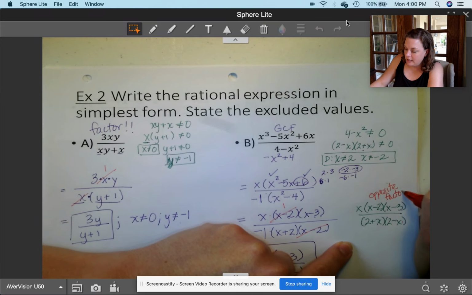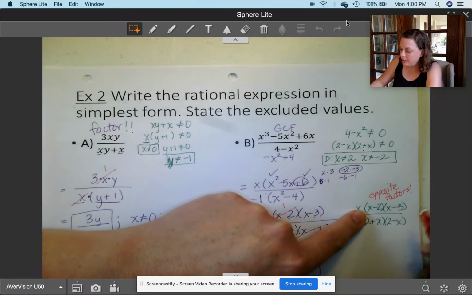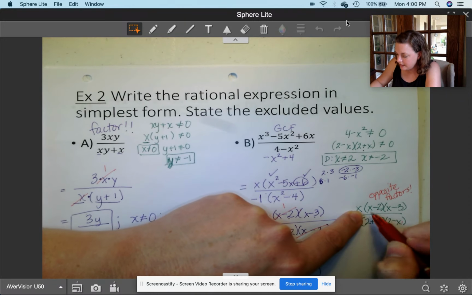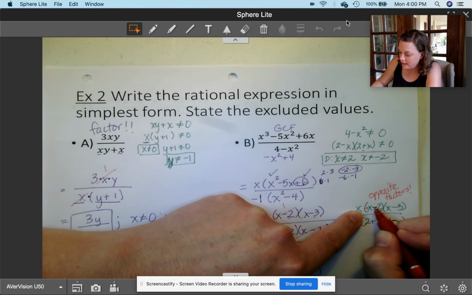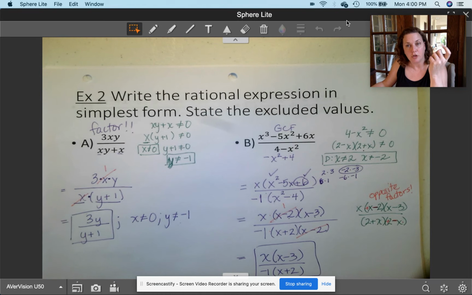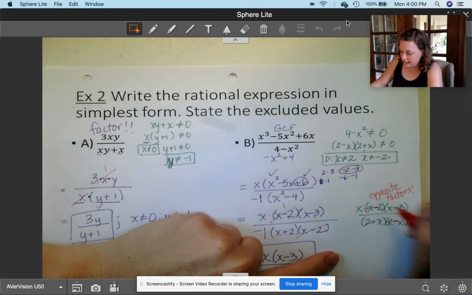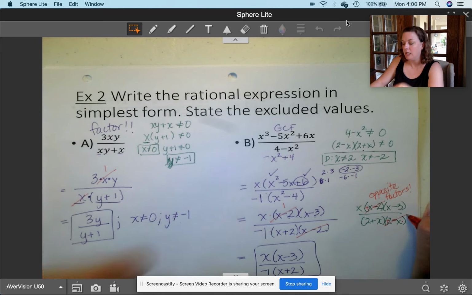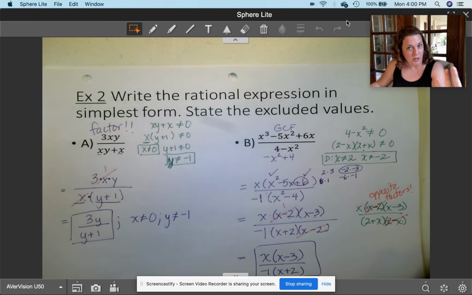And it's a good idea to be on the lookout for them. But you'll notice they're exactly opposite. This is a positive x and this is a negative x. Here we have a negative 2 and this is a positive 2. So within the factor, those terms are opposite, exactly opposite. And so what happens is when they reduce, they don't go in one time.